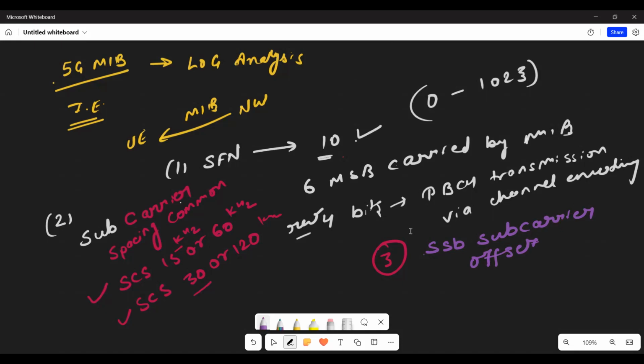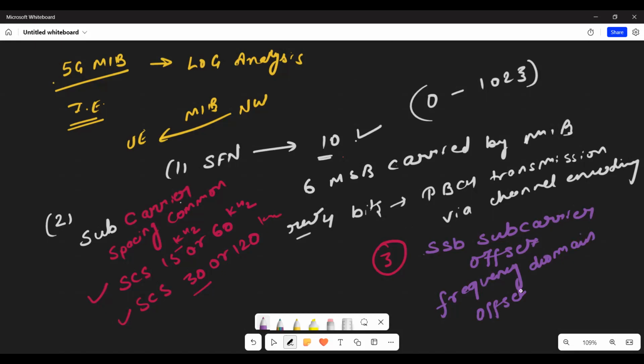Okay. So this is in the frequency domain. So this would be denoting your frequency domain offset.